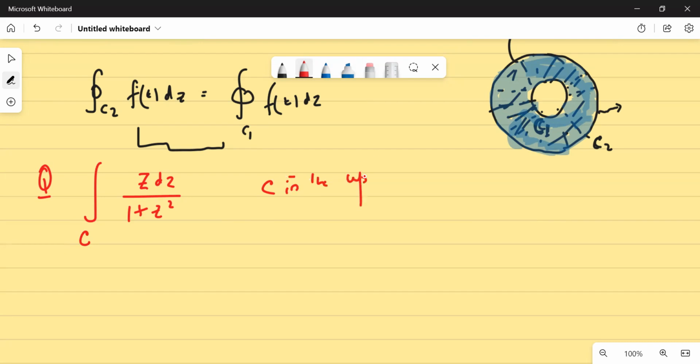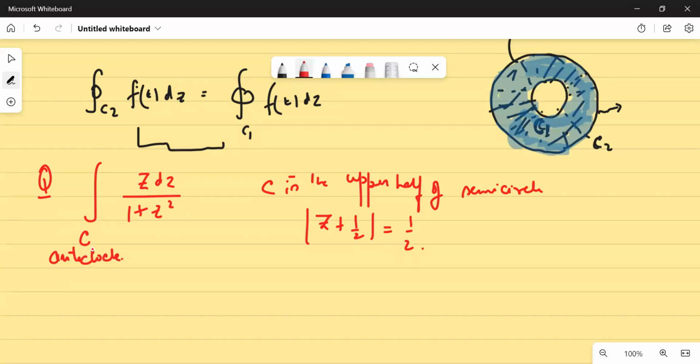where C is the upper half of the semicircle given by |z + 1/2| = 1/2, traversed anticlockwise.